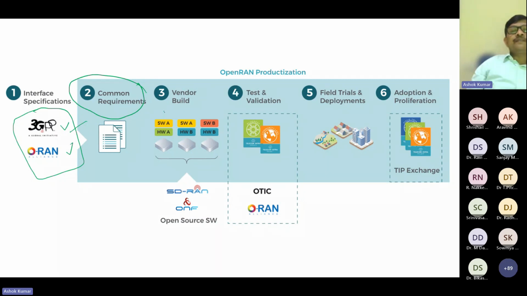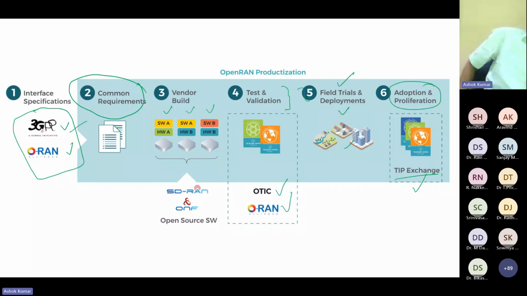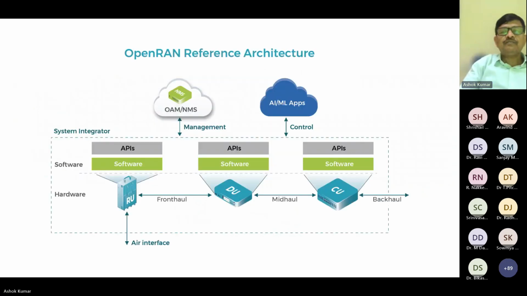So basically RU, DU, and CU are built based on this common requirement. Then they have an arrangement of test and validation, and they also issue some certification. Then they facilitate field trials and deployments. And finally, for adoption, there is a program called TIP Exchange. That's also some sort of badge or certificate which they issue. So this is the area of work which TIP does, which is different from the O-RAN Alliance.